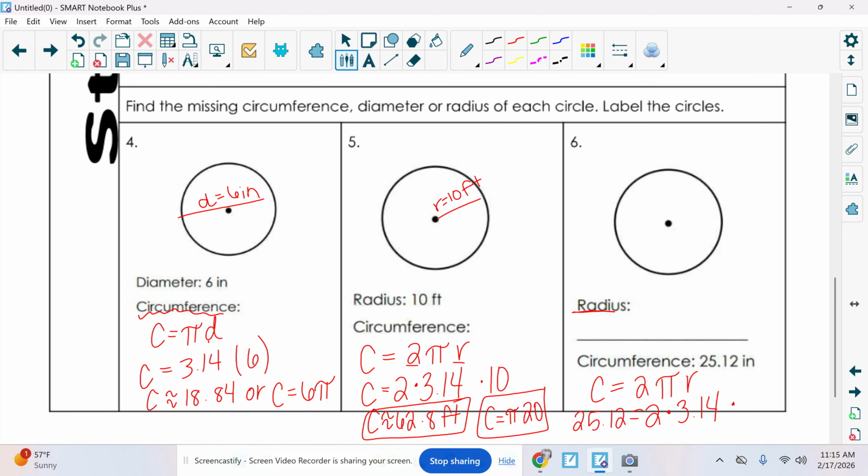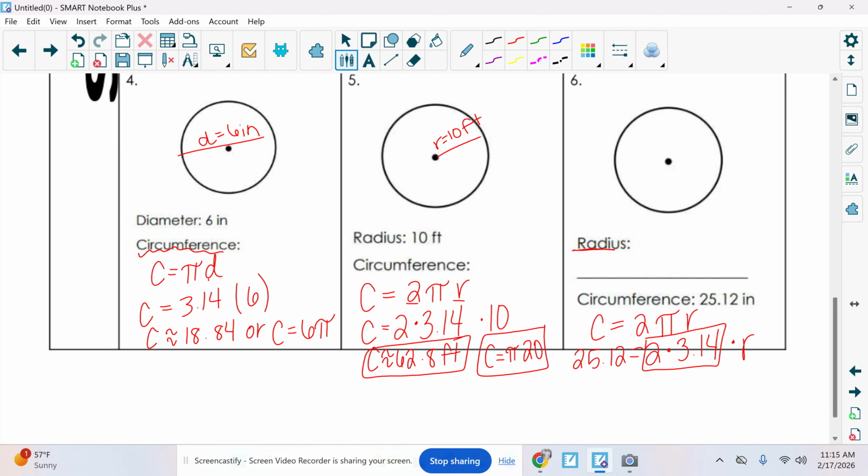We don't know what R is. Combine like terms. 2 times 3.14 is 6.28 R. Part the waters. How are we going to move 6.28 R? Divide. So 25.12 divided by 6.28 is 4. So your radius is 4 inches. And that's what your homework is. Page 4 on your notes is what your homework is tonight. Okay?